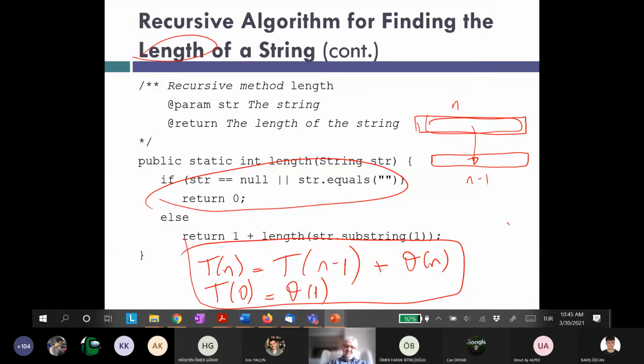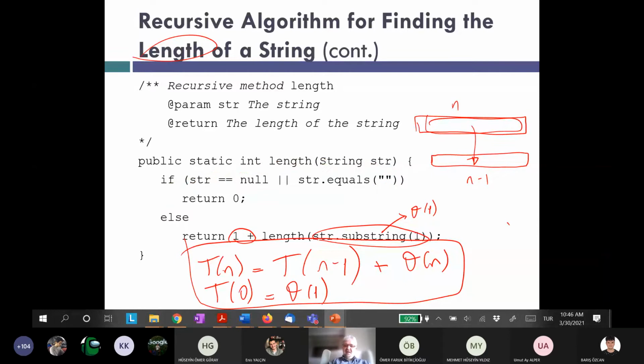Yes. What would happen if the substring is constant time? Substring is constant time. You mean calculating the substring is constant time, right? If this operation is constant time, you mean? Yes. If this operation is constant time, this operation is constant time as well. Checking whether the string is empty or not is constant time.